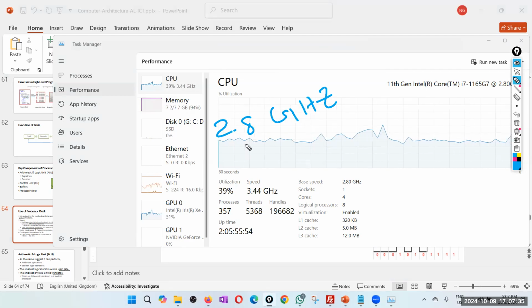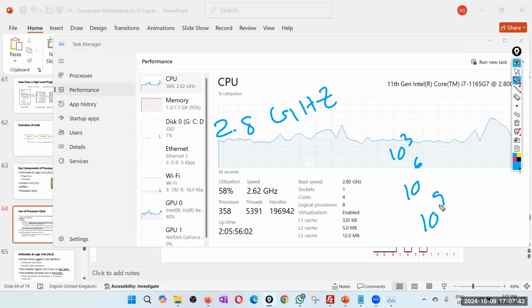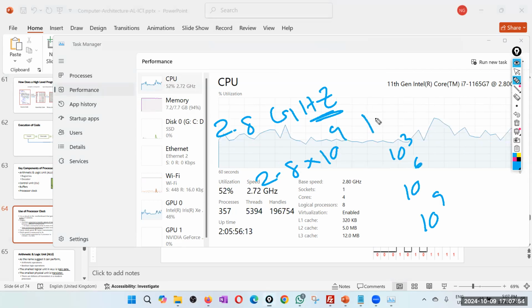But in all the other cases, kilo means 1000, 10 to the power 3. Mega means 10 to the power 6. Giga means 10 to the power 9. Okay? And this is not byte, so this is hertz. Therefore, giga means 10 to the power 9. That is 2.8 times 10 to the power 9 hertz. That is the clock speed of my i7 processor.